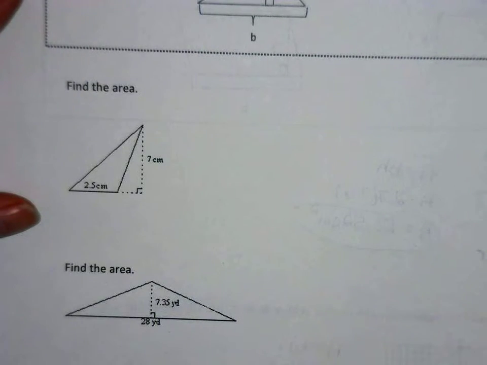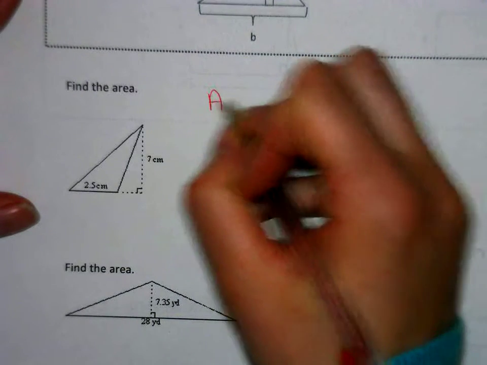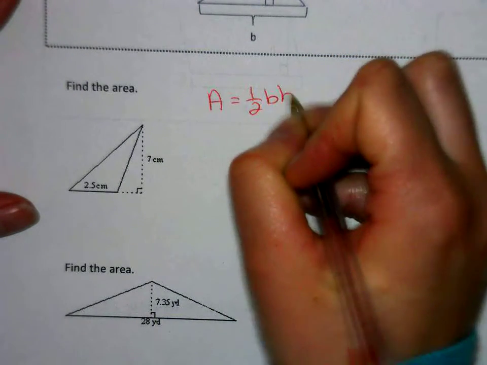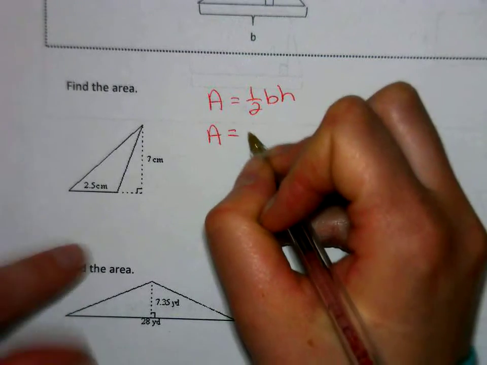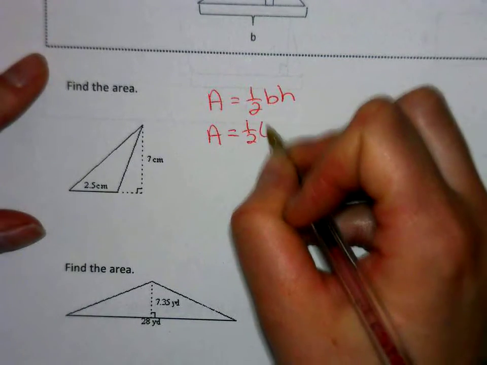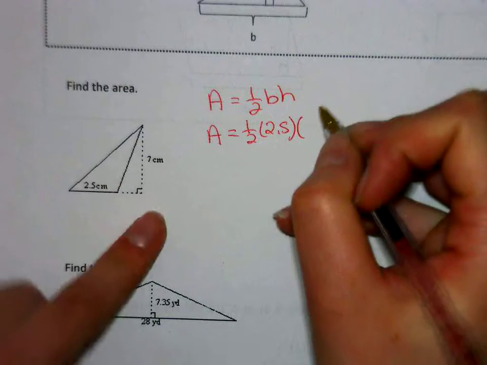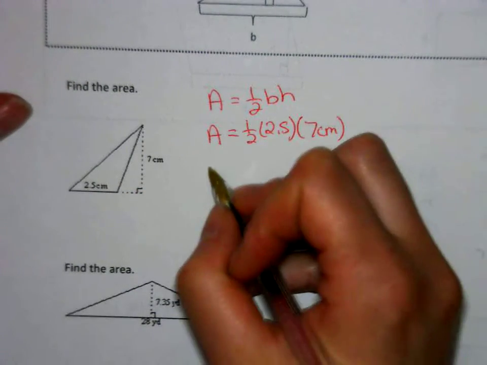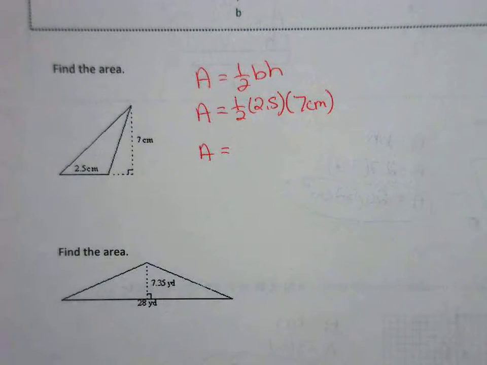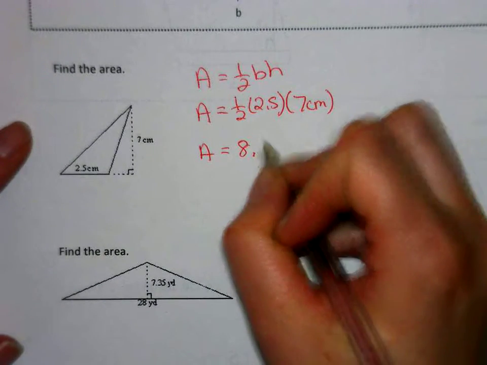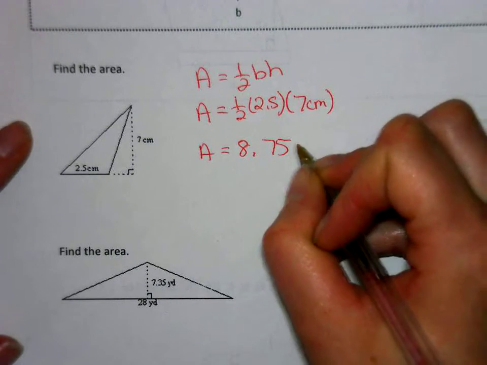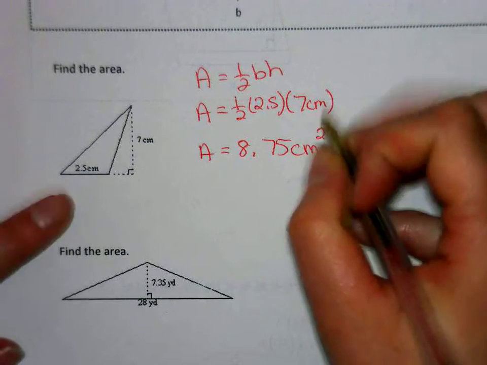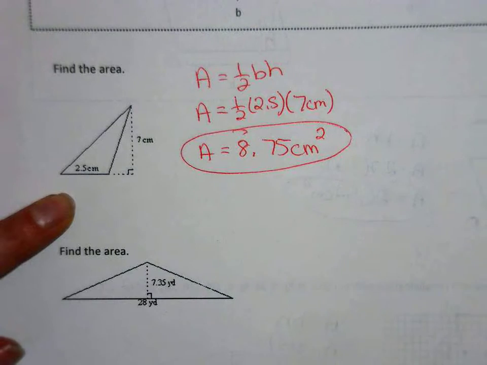So using area equals 1/2 times the base times the height, our base is 2.5, and our height is 7 centimeters. When we multiply this out, 1/2 times 2.5 times 7, we end up with 8.75, and again, it's area, so it's centimeters squared.